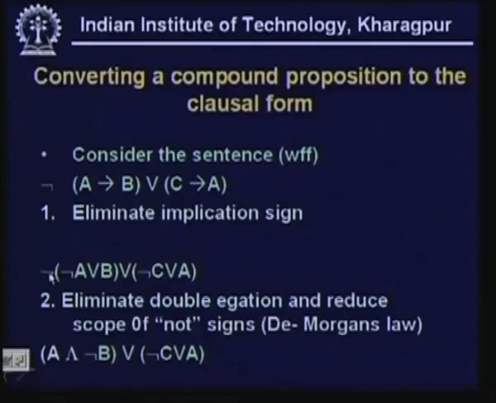If I apply De Morgan's law, the not applied over here will negate this, so this will become A and this will become not B, but this operator will become AND, the dual of that, and similarly for this it will be not C or A. But unfortunately, as we have done this, I have got an AND operator which is not allowed in a clausal form. So, I have to do something more.